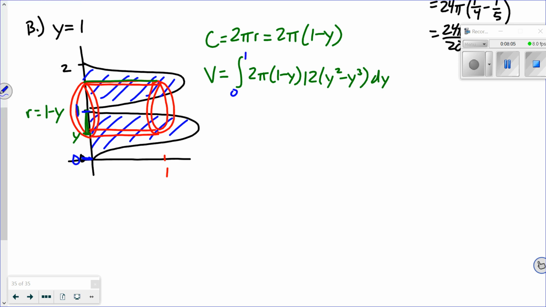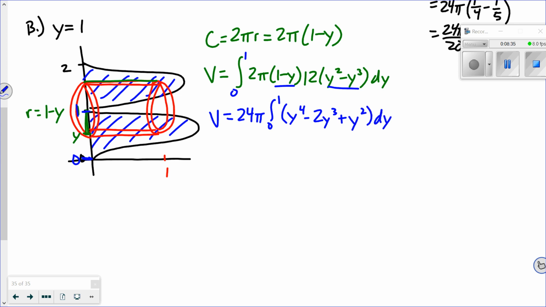All right, so let's go ahead and solve this integral. Volume is equal to, we can pull out a 24 pi, from 0 to 1. If I multiply these two with the distributive property, we get y to the fourth minus 2y cubed plus y squared dy.